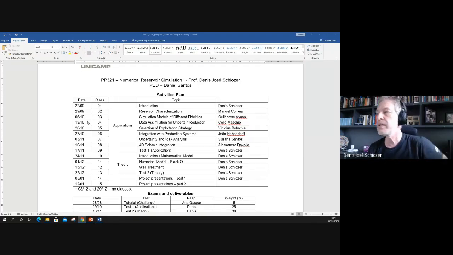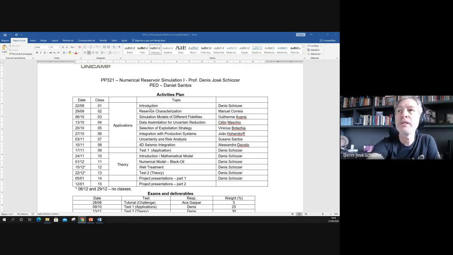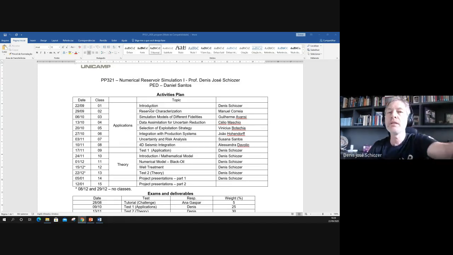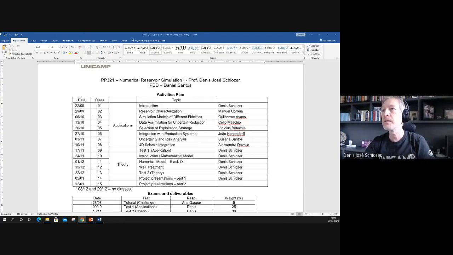So we are going this way again this year, and the classes are going to be in this order, more or less the same order I was describing for the first part of the course. First, Manuel will talk about reservoir characterization.